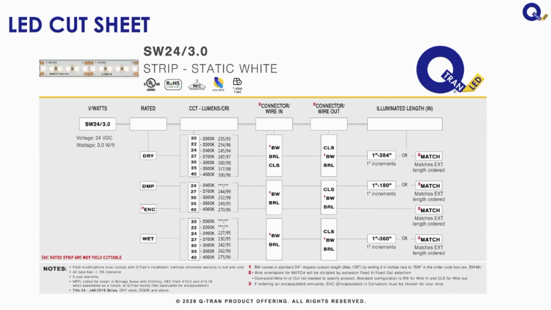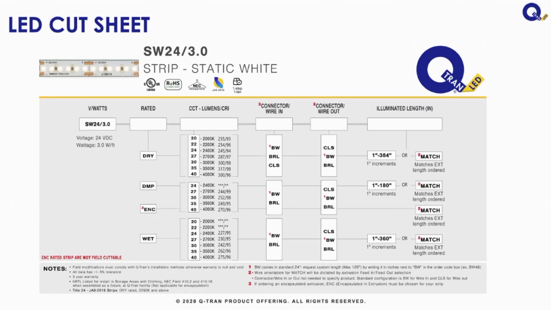Followed by the color temperature, which also gives the lumens and the CRI for each of these. Then we have the wire connectors in or out of the LED, and that is part of corresponding with finished fixtures, which we will talk about in an extrusion webinar coming up shortly. And then followed by the length.